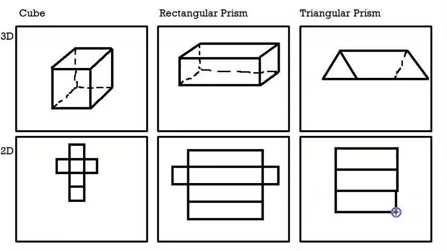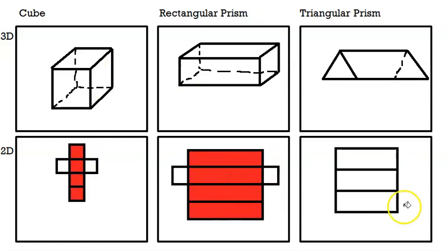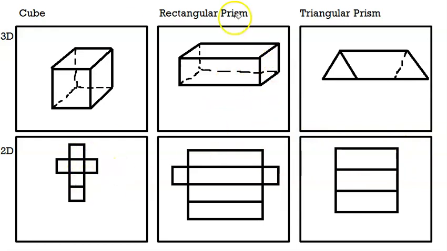You deal with cubes so much that you're used to creating 4 faces that wrap around. 1, 2, 3, 4. 1, 2, 3, 4. And so you get used to it so much that when it comes time to do the triangular prism, you think to yourself that it's going to be 1, 2, 3, 4. It's not. In this case, because it's a triangular prism, it's only going to be 1, 2, 3.